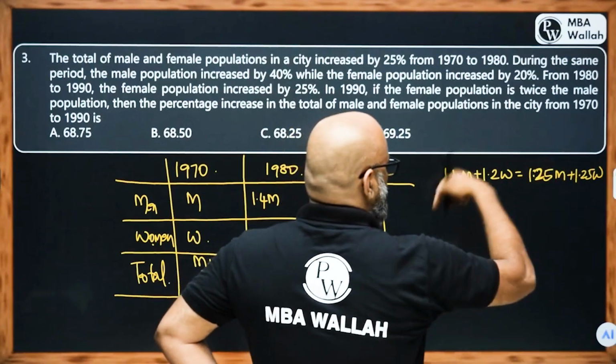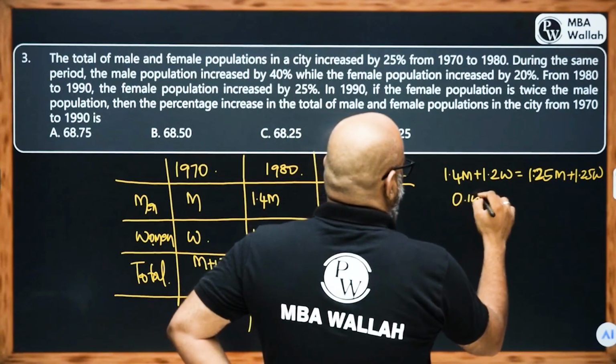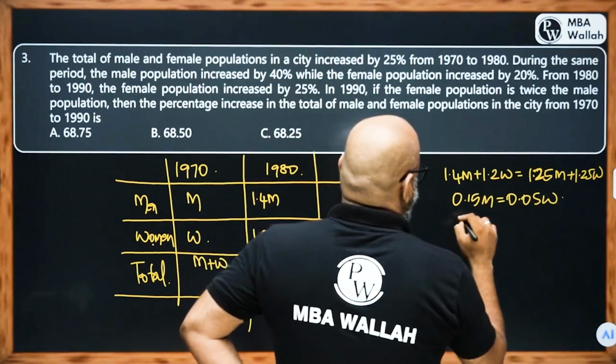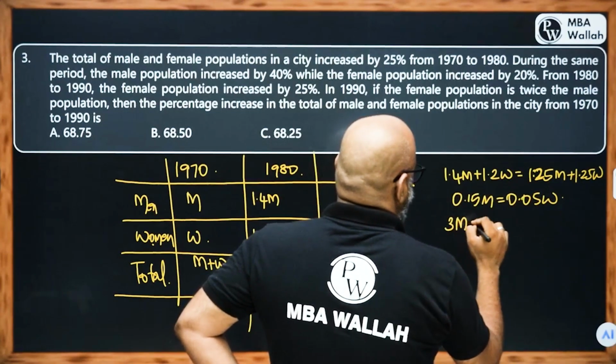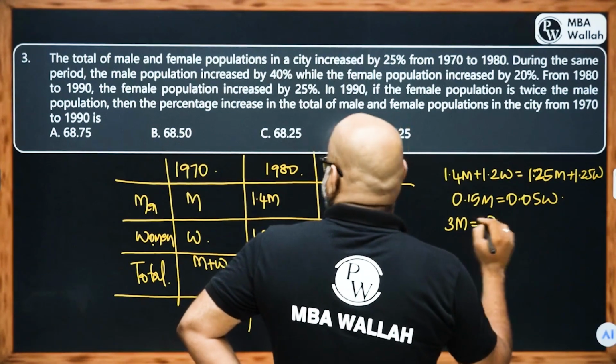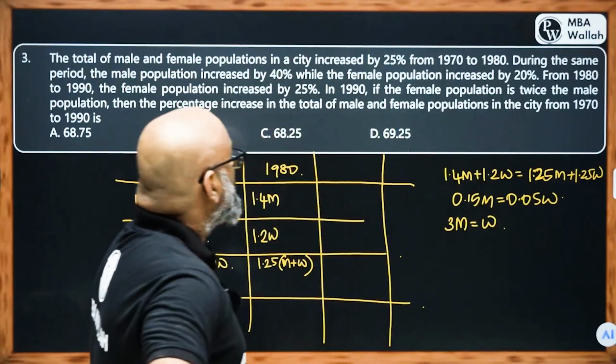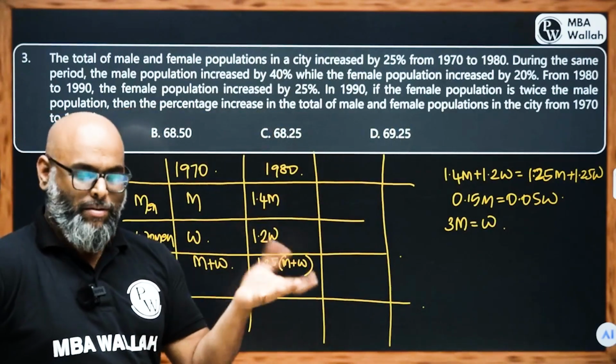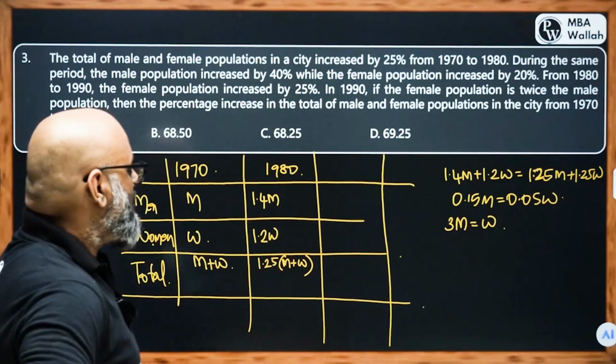So this goes there, this comes here. 0.15 M is equal to 0.05 W, or 3 M is equal to W. Women, men, male and female, not a real difference here.